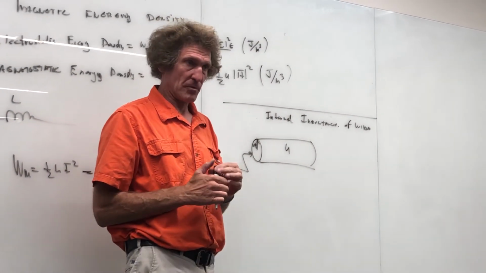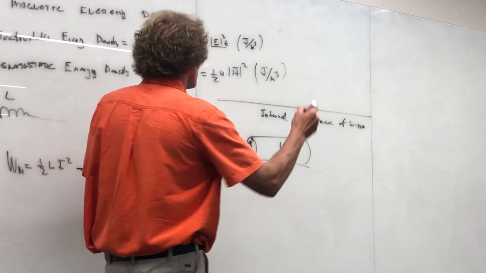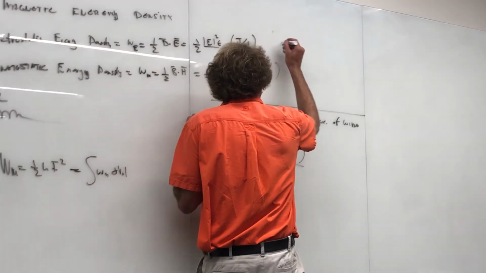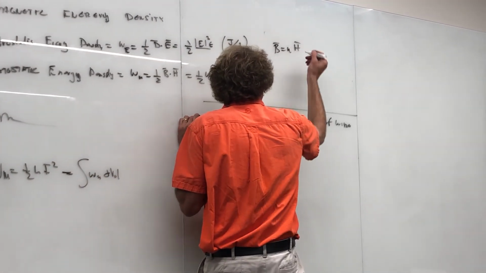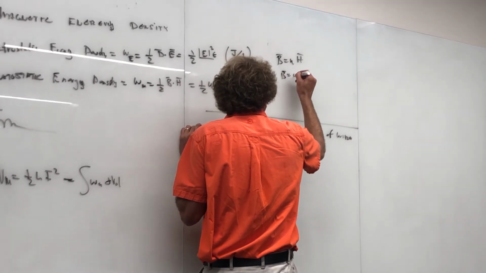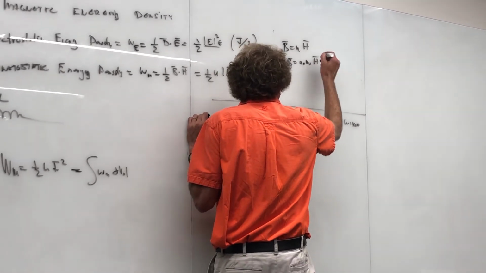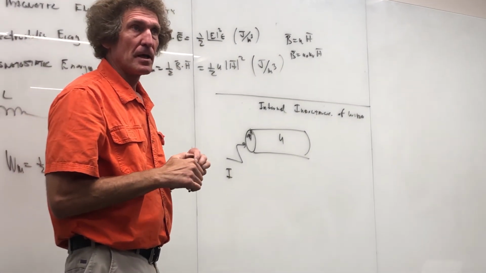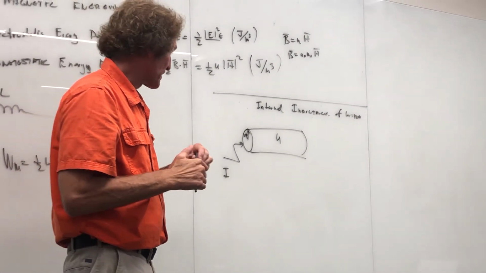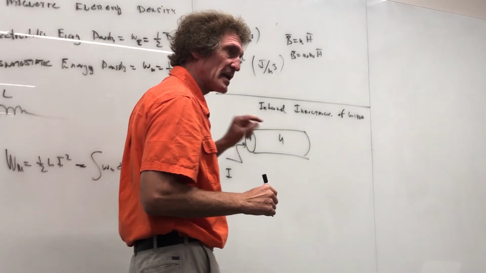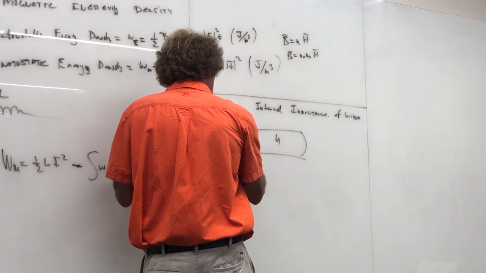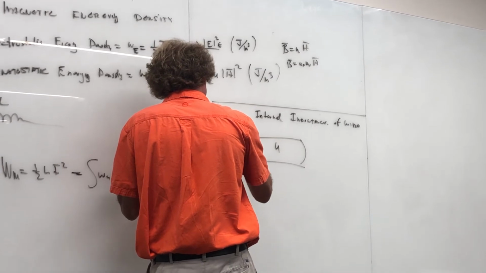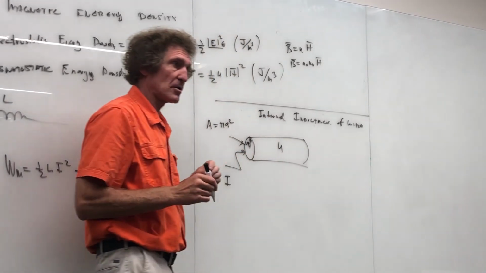I went over mu with you, right? Remember that B is equal to mu H, right? Or B is equal to mu 0, mu relative H, right? All right, now listen carefully about this one. So if I assume I is going in there, that has a radius of A, the cross-sectional area is pi A squared. Y'all agree with that?